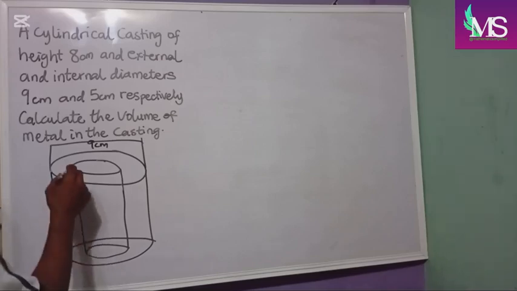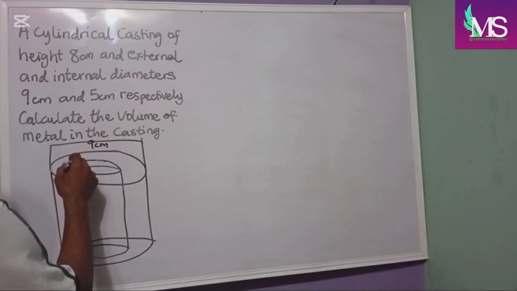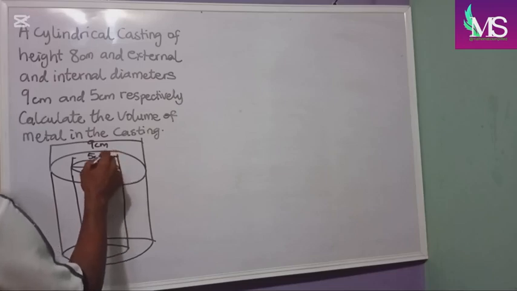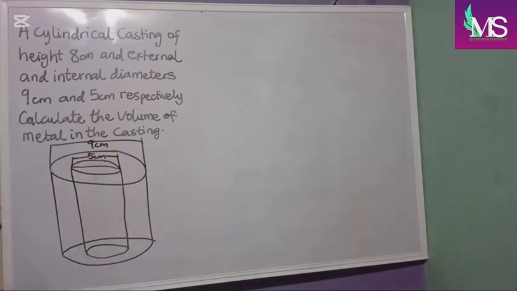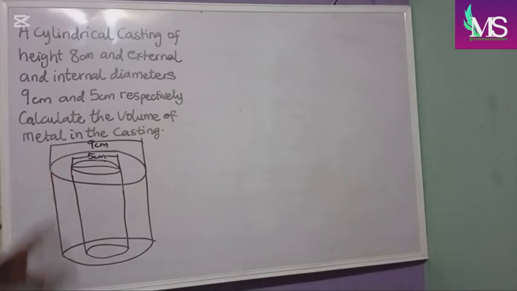Now, they said this diameter here is 5 cm. Now they say we should find the volume of the metal in the casting. That means the volume of metal used in casting this cylinder.